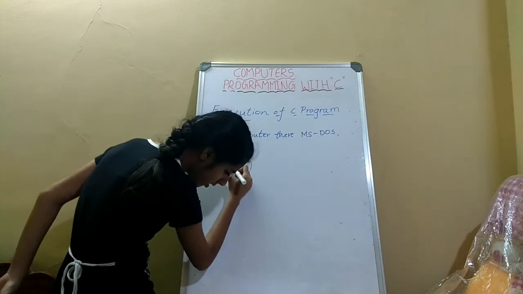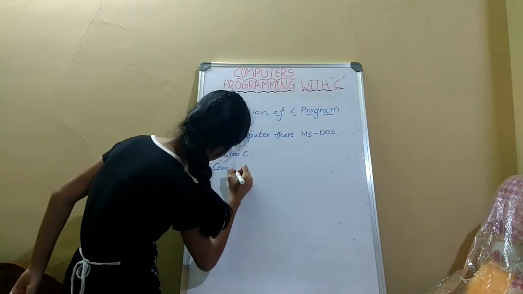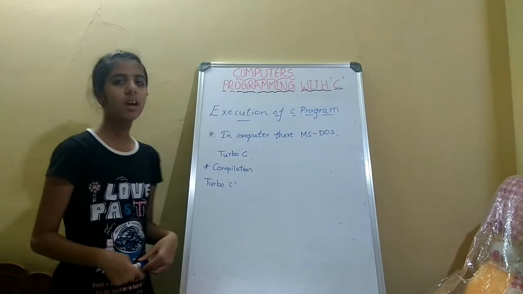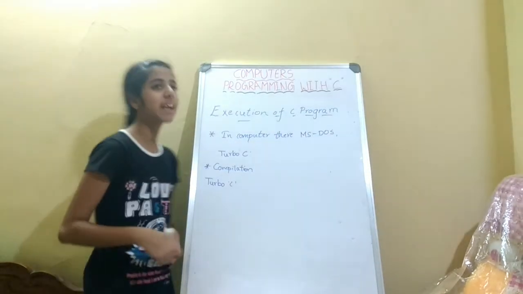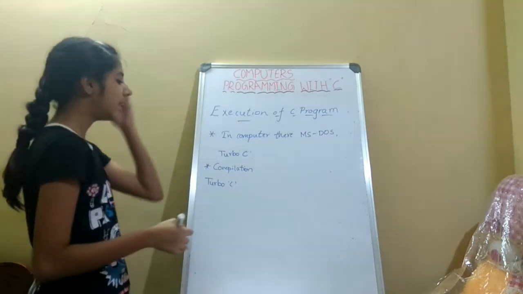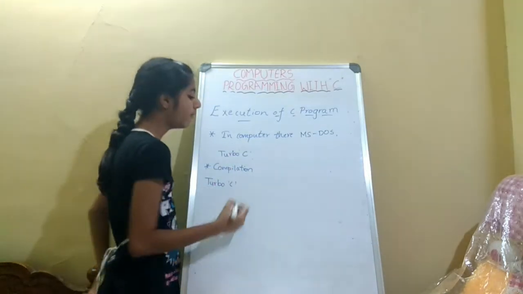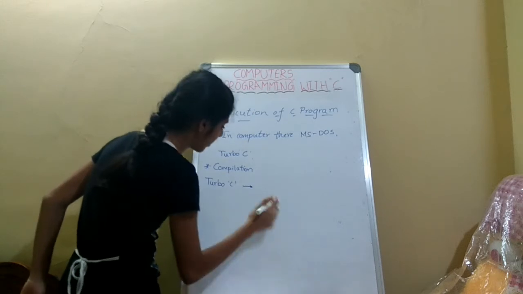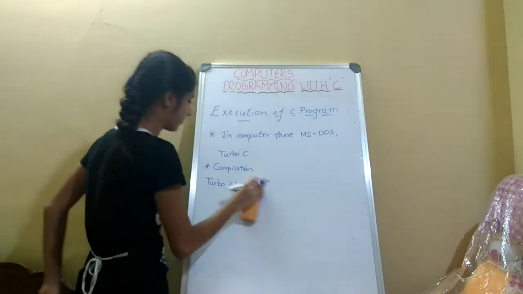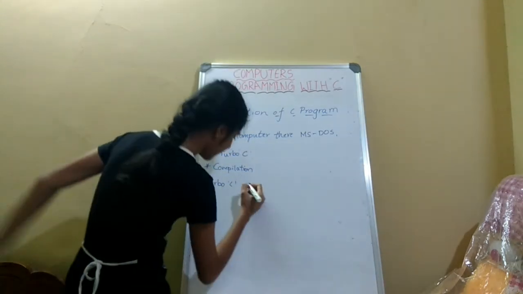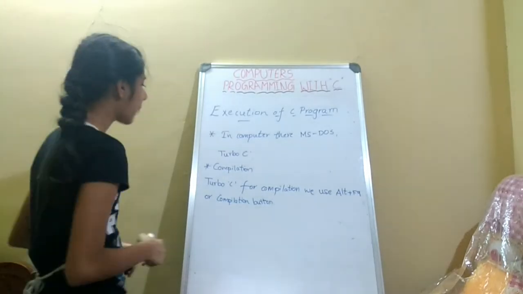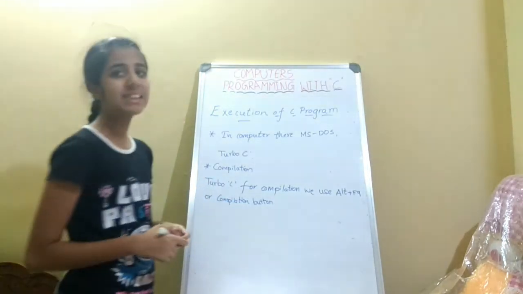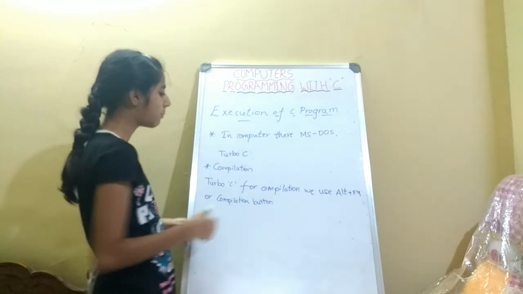Compilation: Turbo C is user friendly, and for compiling we use Alt plus F9 or the compile button.